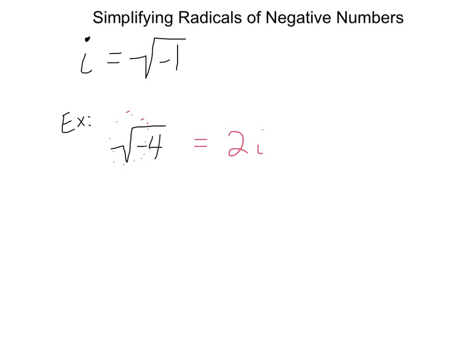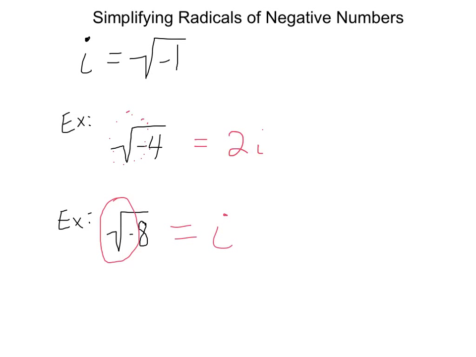Let's try another one. When simplifying radicals with negatives inside, I suggest handling the negative part first. So in this one, we notice that we have a square root of a negative, as shown right there. That becomes the i.